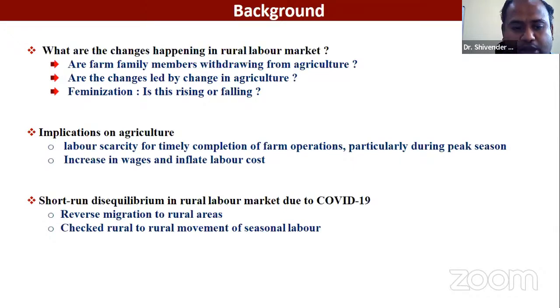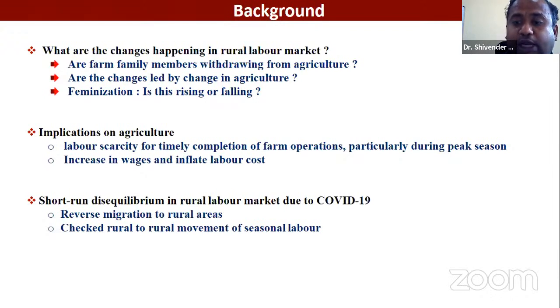What does rural to rural movement mean? In a few states like Haryana and Punjab, during the harvesting season of paddy or the sowing season of wheat, labor comes from other states like Bihar on a contract basis. Because of the lockdown, this rural to rural movement of seasonal labor was disrupted.